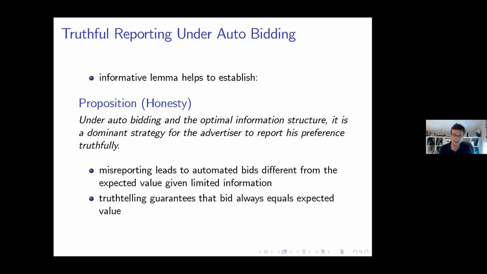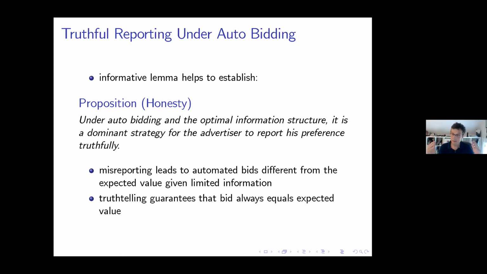And the idea is that truth-telling maximally correlates the bid and the value of the advertiser relative to any other misreport. In fact, the second best report that the advertiser could choose is to simply reverse all of his reports, namely whenever it's a plus, report a minus, and conversely.